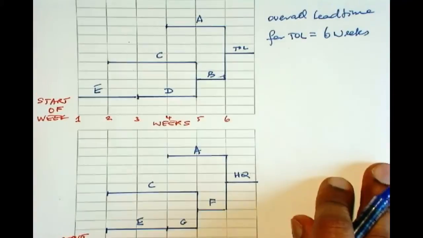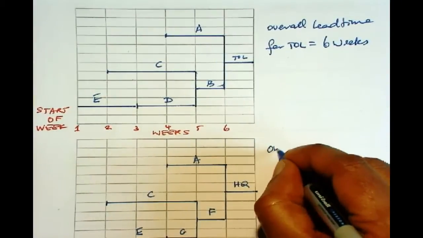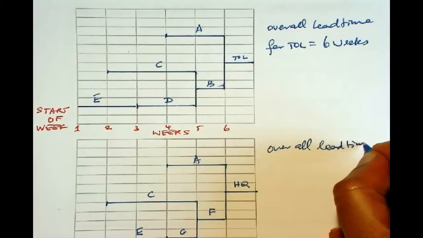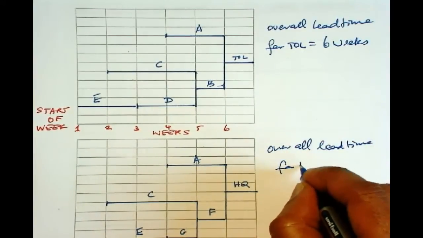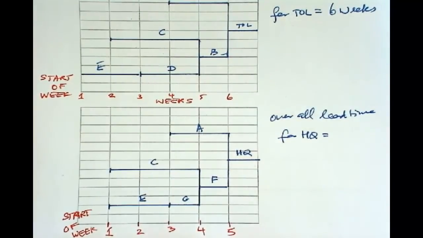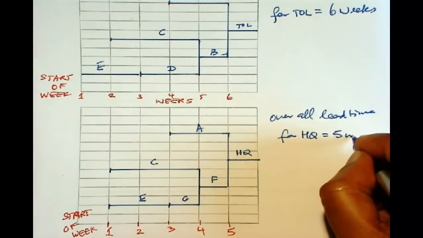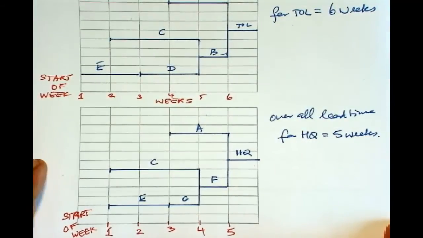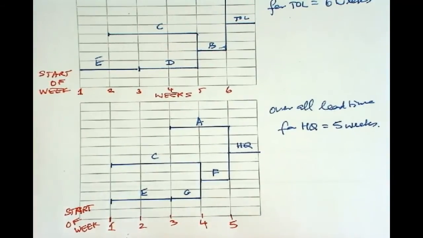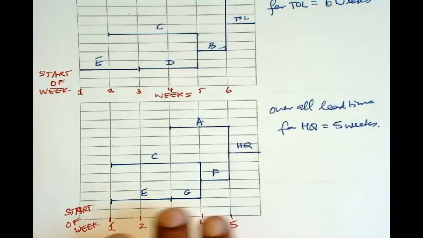So the overall lead time for HQ is 5 weeks. And determining the overall lead time is important because you want your master production schedule to be at least about twice as long as the overall lead time.